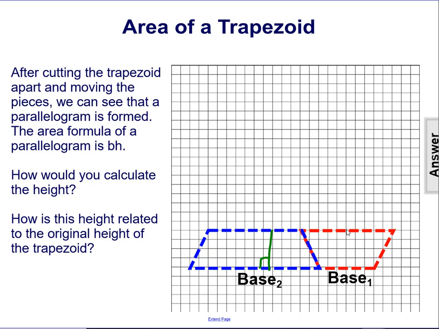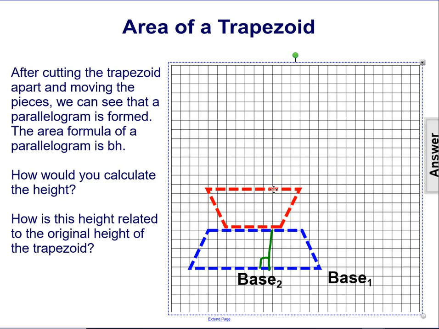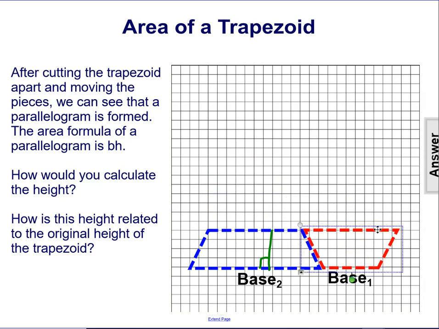If we were to move this back, rotate it 180 degrees again and move it up, how is the height of this parallelogram related? The height here is actually 1/2 of the original trapezoid. So the height we have made in the parallelogram is actually 1/2 the height of the original trapezoid.